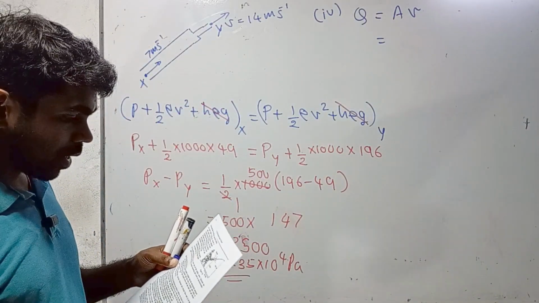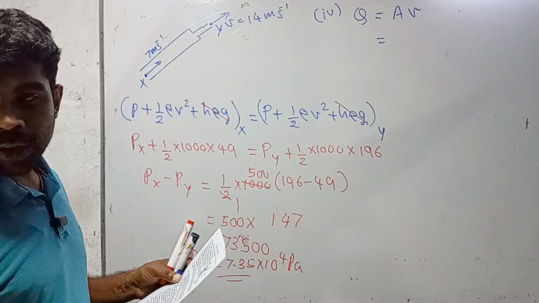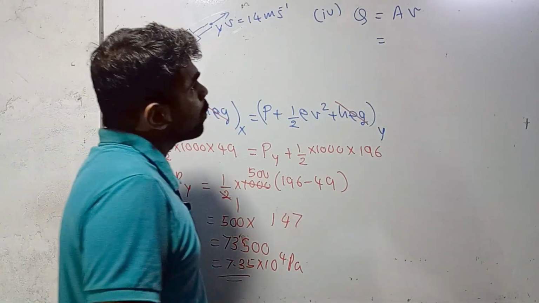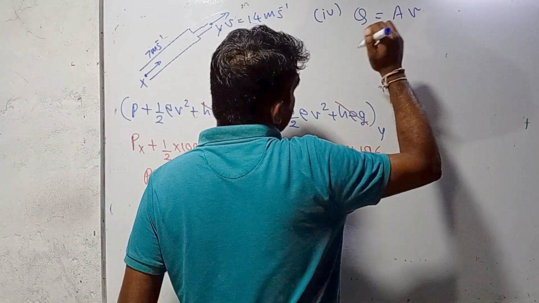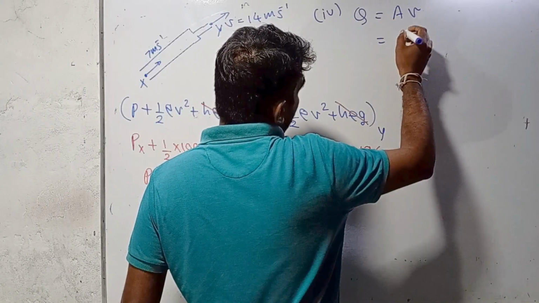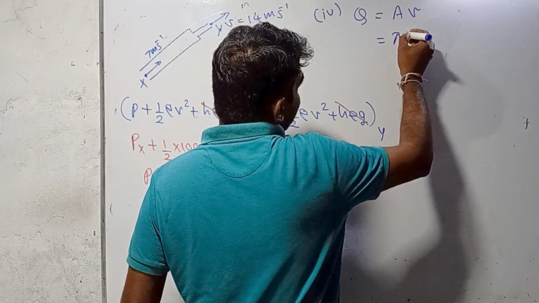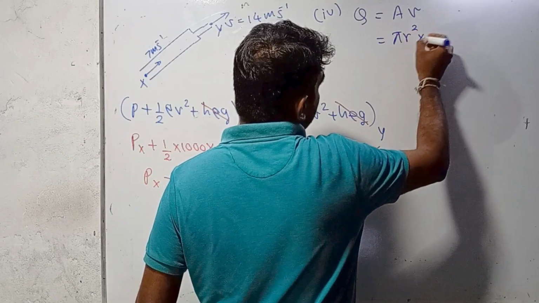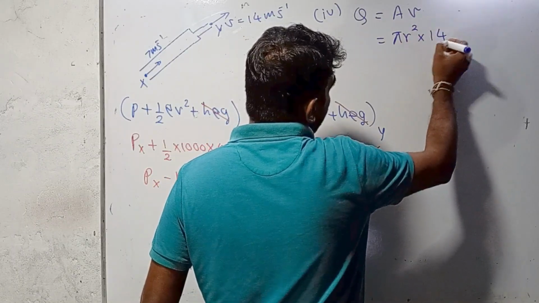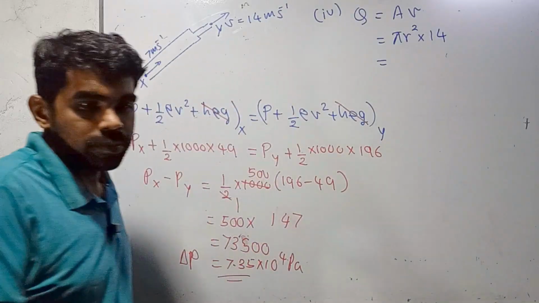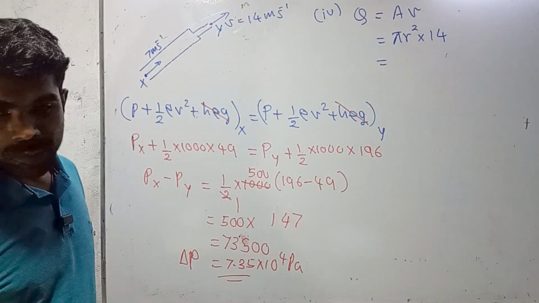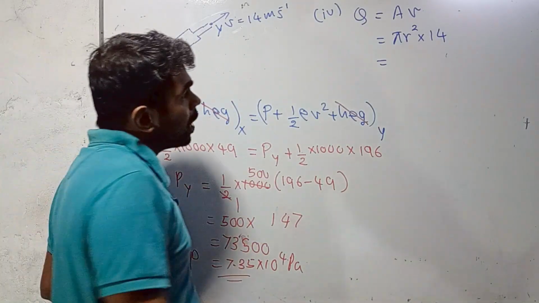They have given the diameter of the nozzle outlet is 2 centimeters. Therefore, it is a circular outlet: pi r squared multiplied by velocity at outlet, which is 14, found in part 1. They have given the pi value as 3.